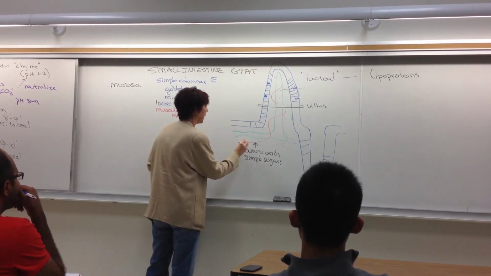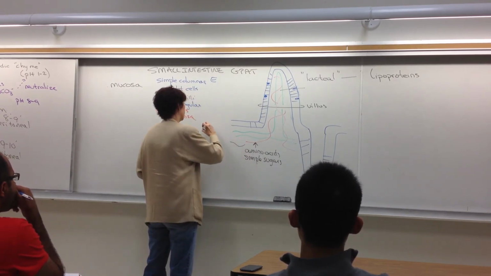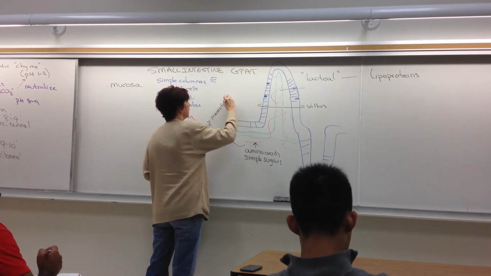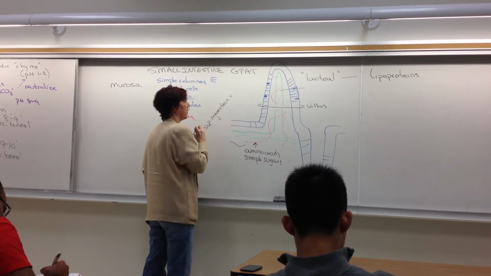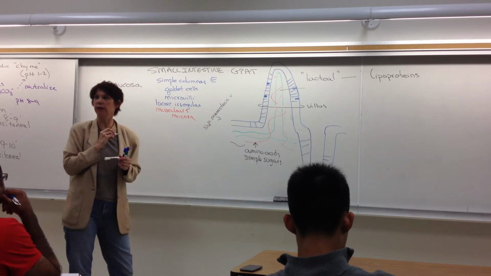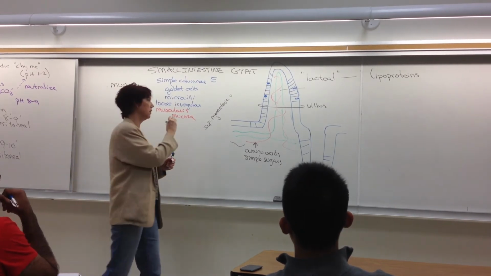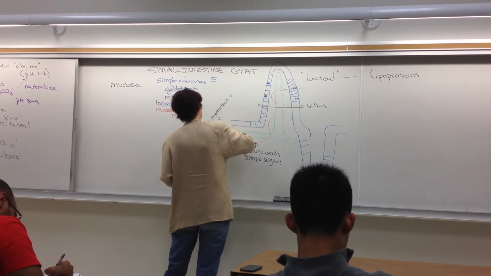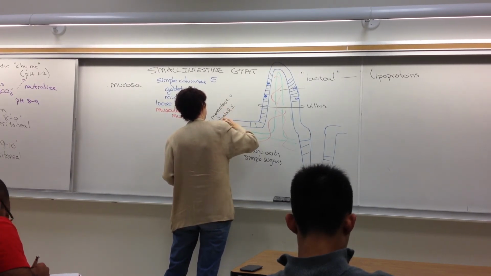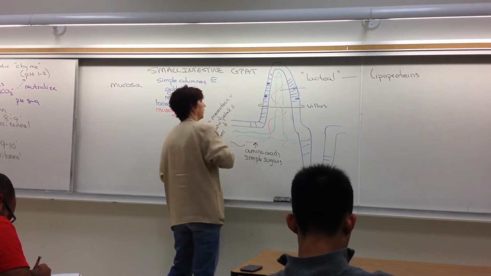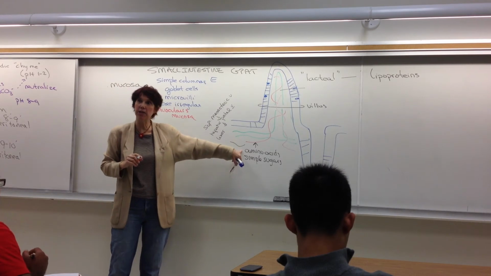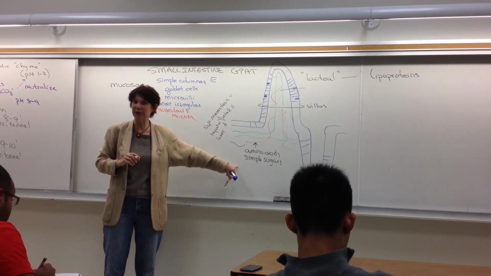So the capillaries are going to go into the superior mesenteric vein, and the superior mesenteric vein joins with the splenic vein to form the hepatic portal vein. And that goes into the liver. So the hepatic portal vein is carrying blood that is rich in amino acids and simple sugars.